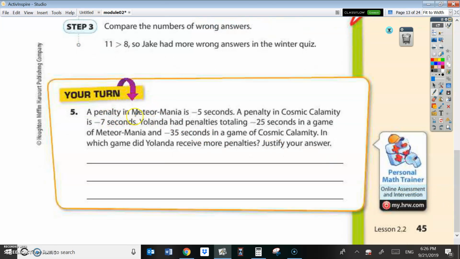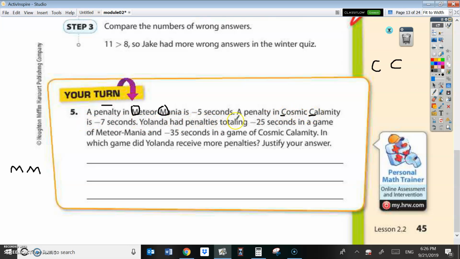A penalty in Meteor Mania is 5 seconds. Penalty is a negative thing. A penalty in Cosmic Calamity is 7 seconds. So let's make some groups here. We've got Meteor Mania, and then over here is Cosmic Calamity.